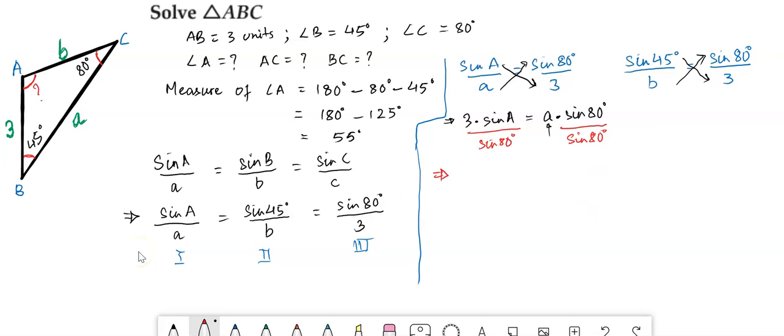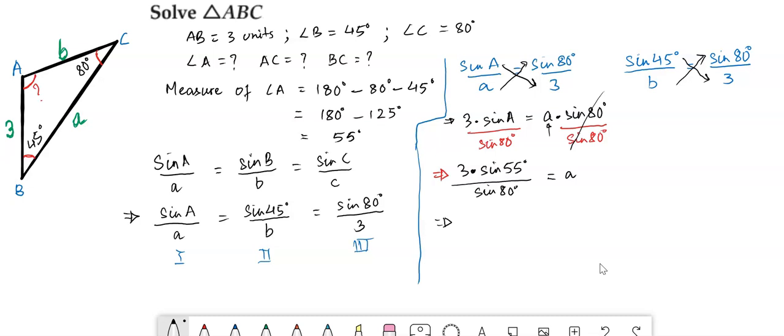I would encourage you to stop the video and try to find the solution of this problem. Now, as you can see, we can cancel out sine 80 over sine 80, and now we are left with 3 times sine of 55 degrees over sine of 80 degrees, that is going to be equal to a.